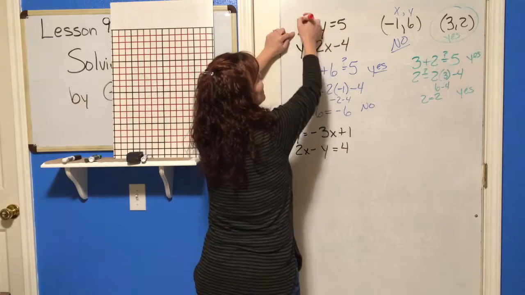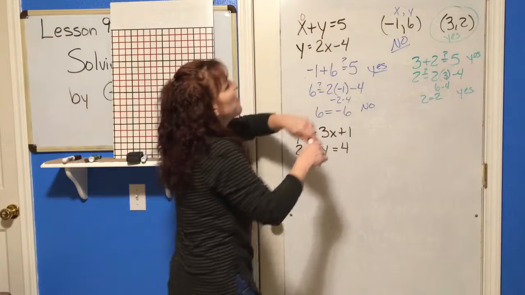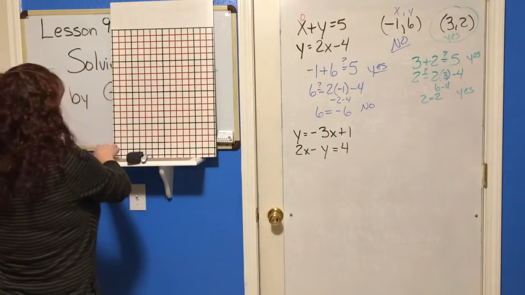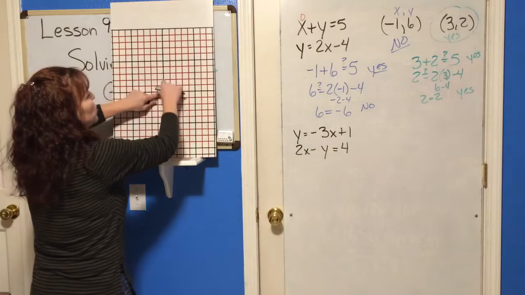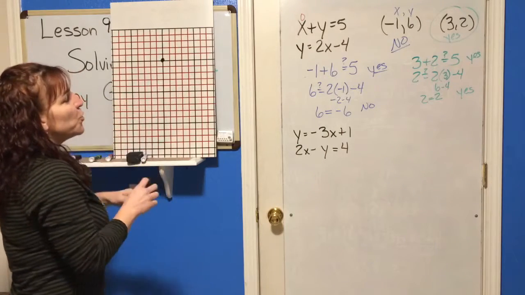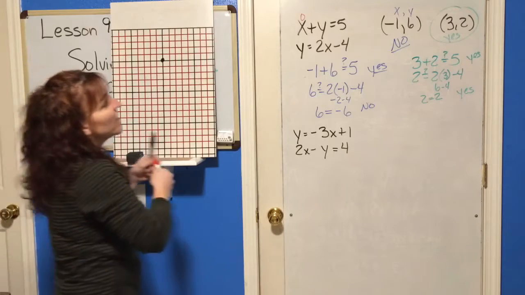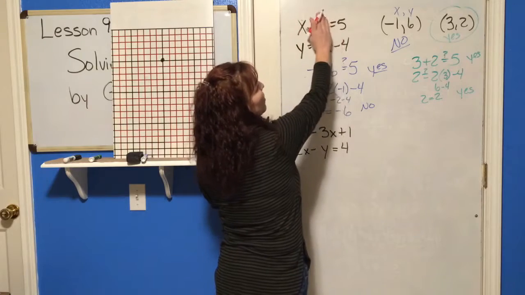If you put in 0 for the x, now y equals 5. So your y-intercept is 1, 2, 3, 4, 5. There's a point there.